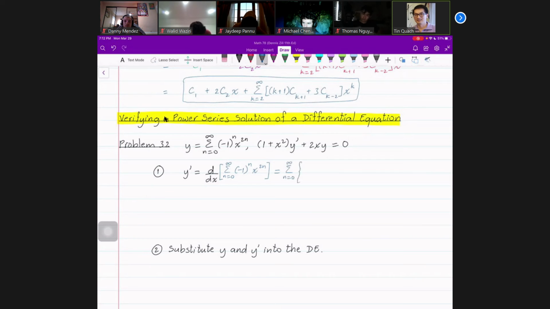So you just take the derivative of the inside. Now remember, anything that has x in it, you take the derivative. Anything that doesn't have x, you treat as a constant. So this is a constant factor, so you can just pull it out. So what you have is this.